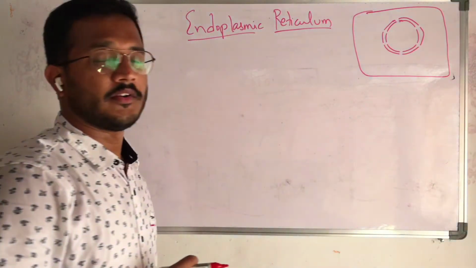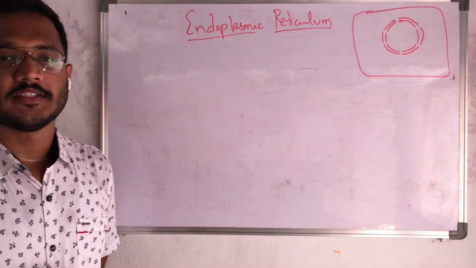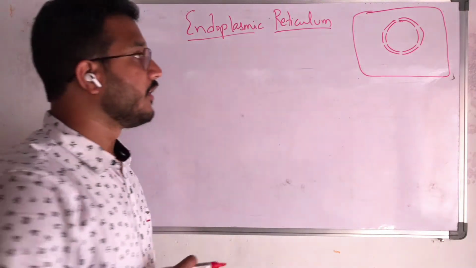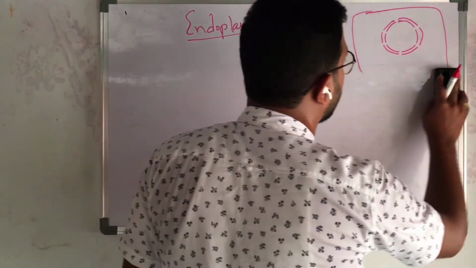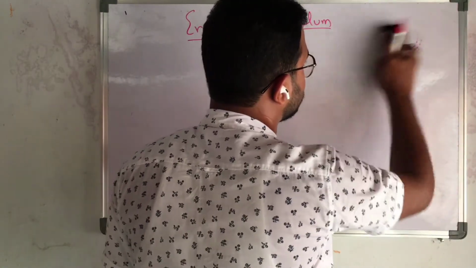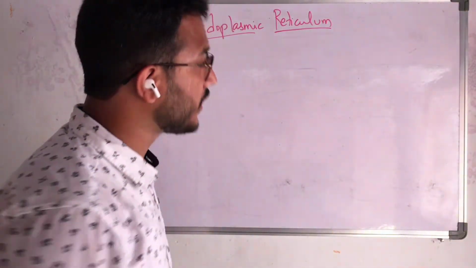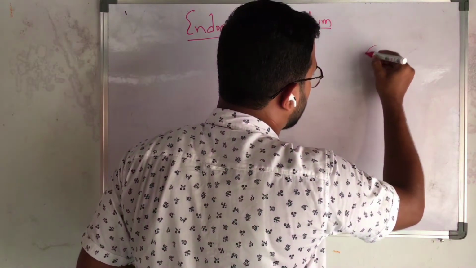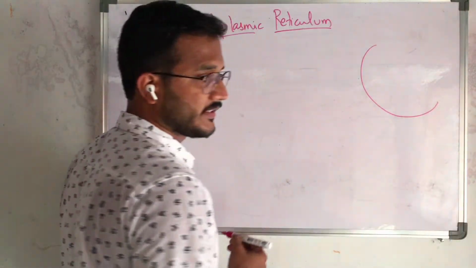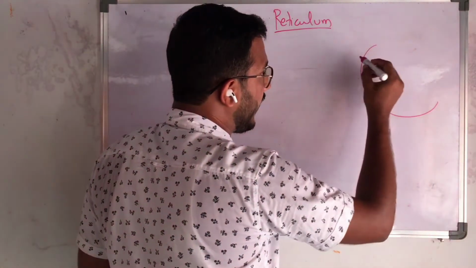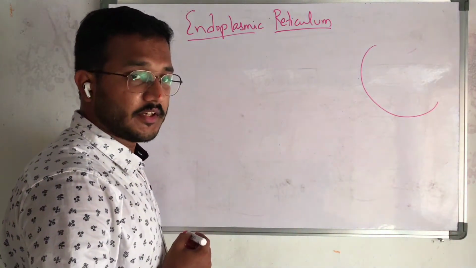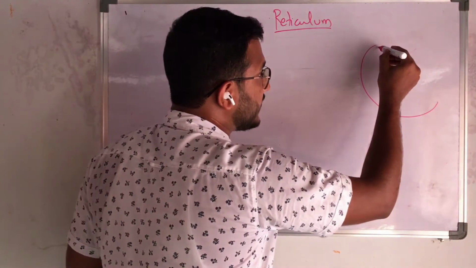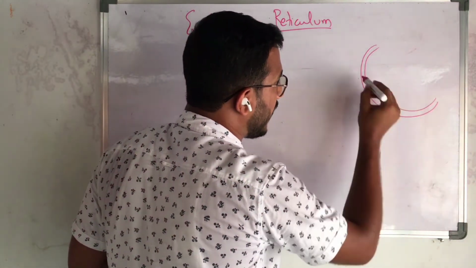Now this endoplasmic reticulum is nothing but the continuation of the outer membrane of the nucleus, and the endoplasmic reticulum is a tubular structure, nothing but extensions from the outer membrane.